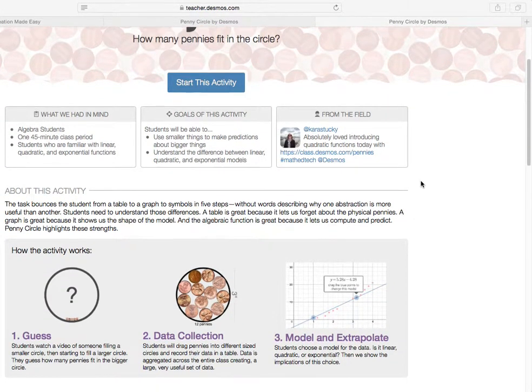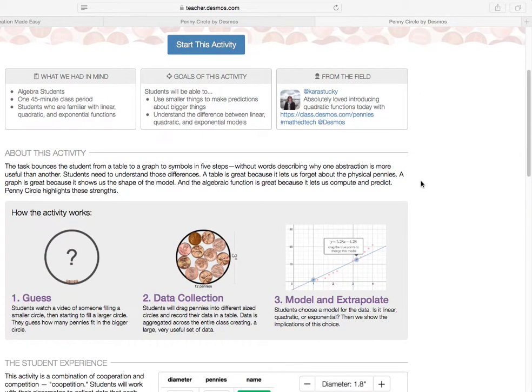In this activity, students are shown a video of a man filling a small circle with pennies, and then they also see a man filling a larger circle with pennies, but the man does not completely finish it, and so the students are left to guess the amount of pennies that will fit in that larger circle.